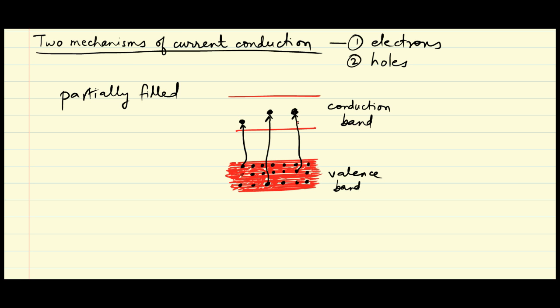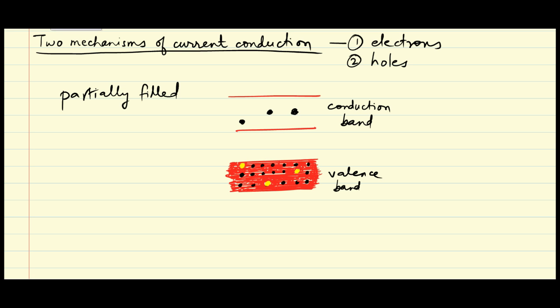Now when this happens, these electrons which have migrated to the conduction band leave behind vacant energy states in the valence band. So for example, there would be a vacant energy state over here, another vacancy over here, and a third vacant energy state over here.